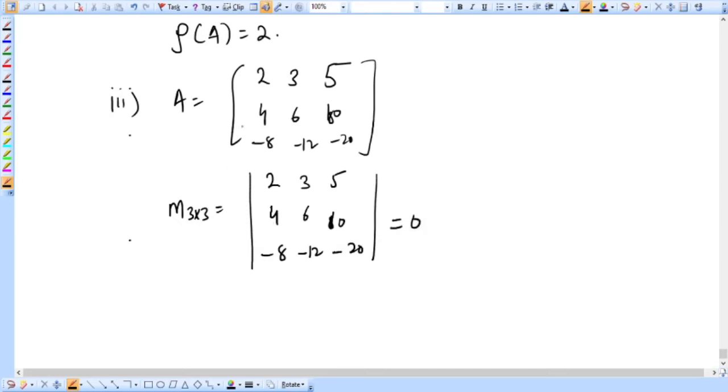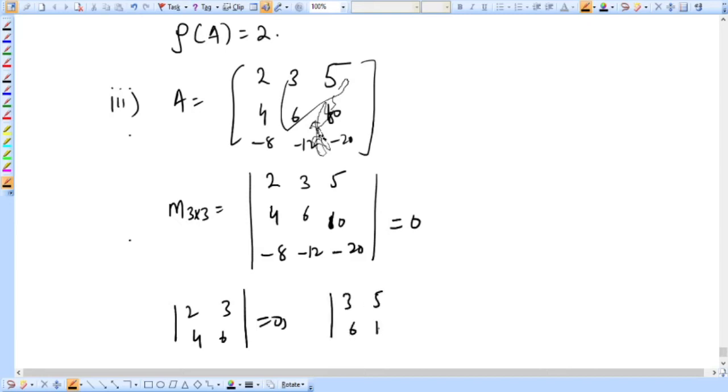Now see, the minors of 2 by 2. The first minor is 2 3 4 6. It is equal to 0. Second, you see this and this. The second minor is 3 5 6 10.